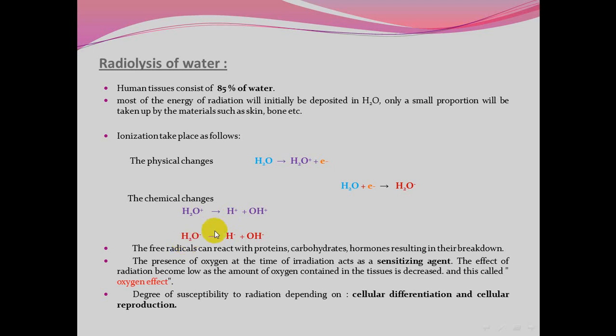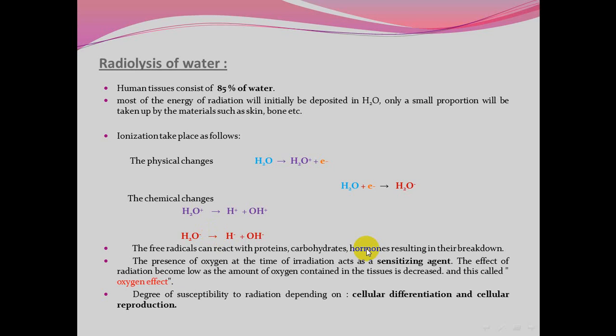These ions are called free radicals, which will interact with the proteins and carbohydrates and hormones and also other sensitive materials in the human body, and lead to breaking down these molecules.